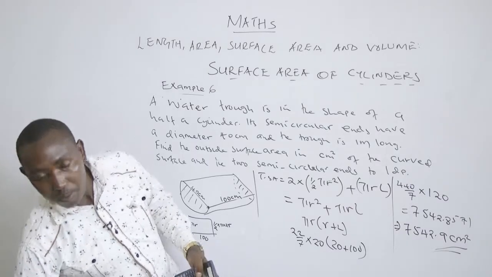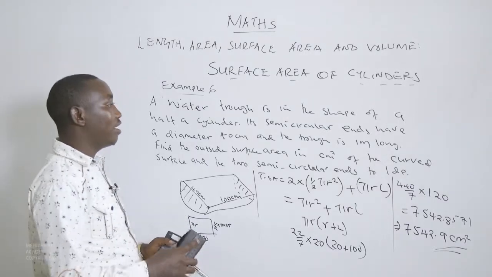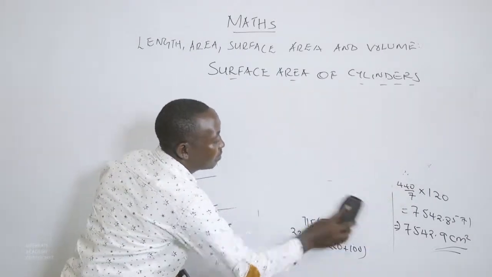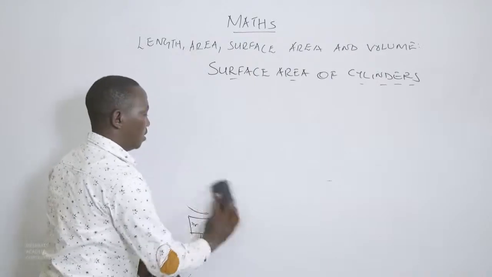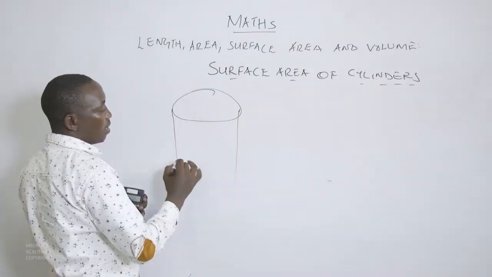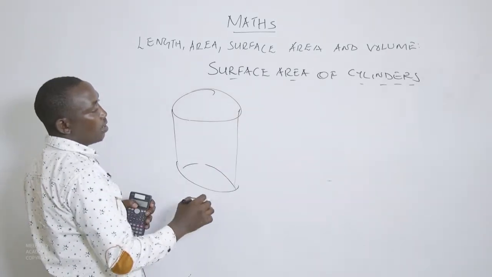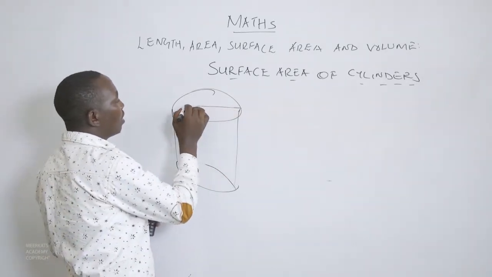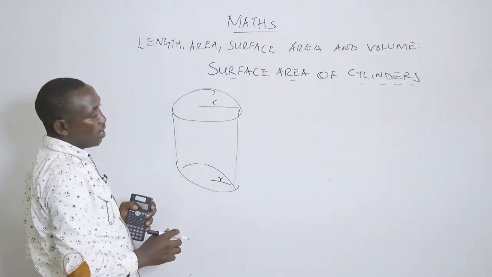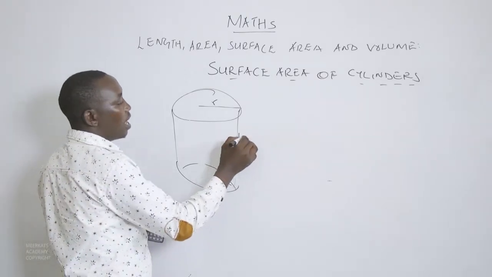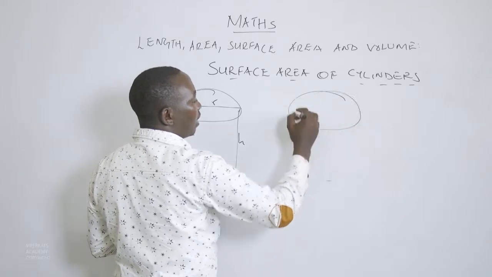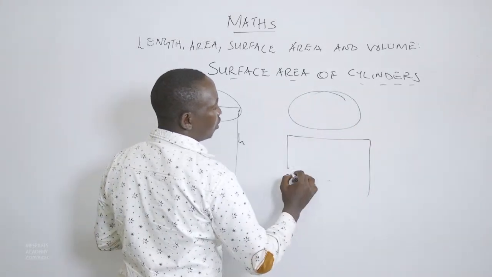So to wind up, we shall revisit the formula for getting the surface area of a cylinder. We say that a cylinder of this nature, which has the bottom and the top radiuses and the height h, we can obtain its net in this form.